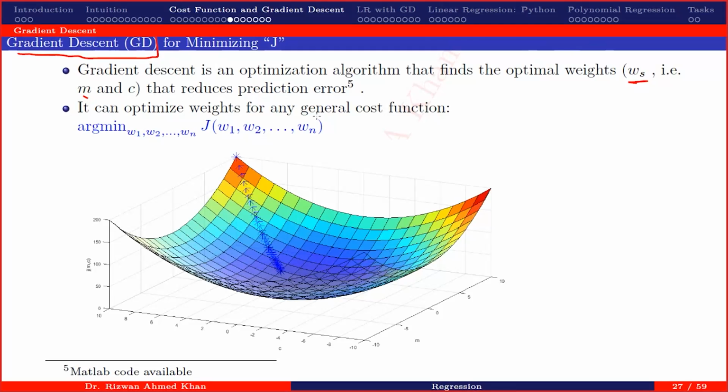It can optimize weights for any general cost function. There could be cost functions in different forms; we are using sum of squared error, but there are a lot of different loss functions we can use. Gradient descent is a general optimization algorithm, and we can use different cost functions with it to optimize the cost.